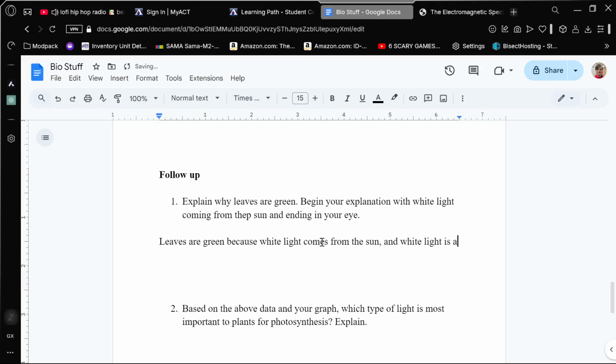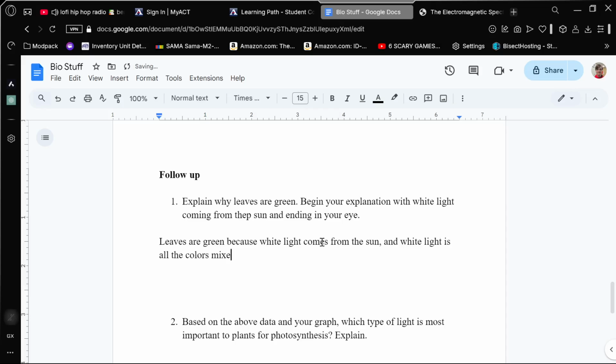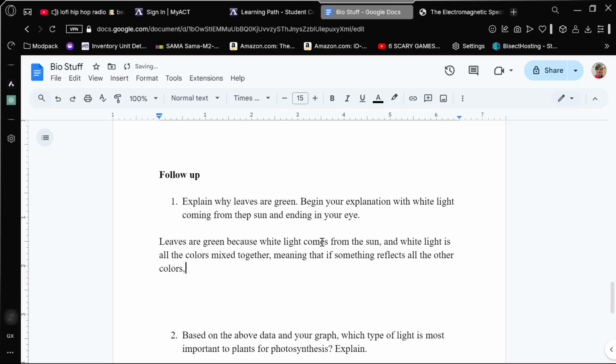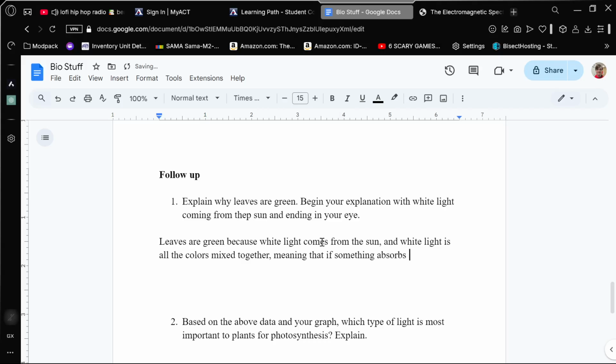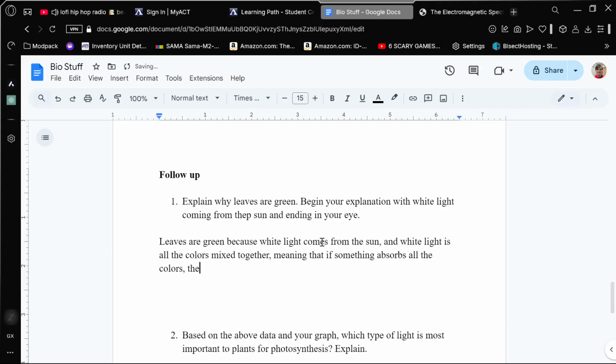White light is all the colors mixed together, meaning that if something absorbs all the other colors, then the color that is reflected into your eye will be the color not absorbed.